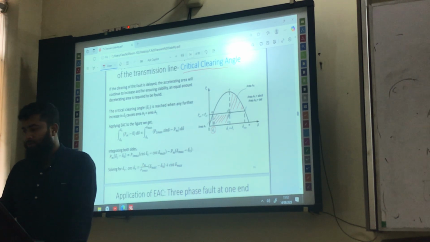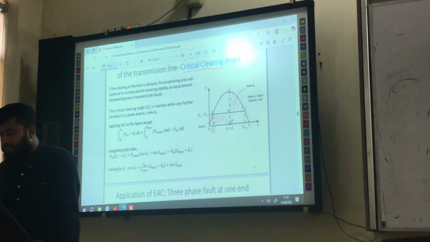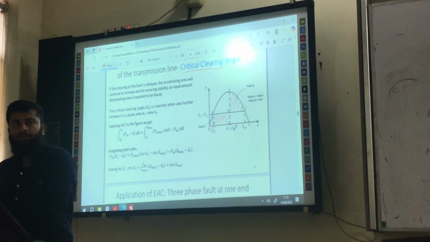So this fault clearing angle is delta C. Now read out this statement. The critical clearing angle delta C is reached when any further increase in delta 1 causes area A2 to be lower than area A1.